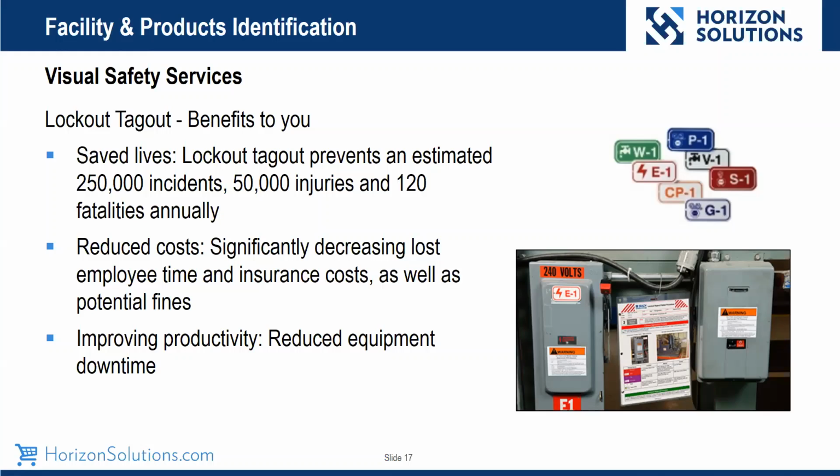If we narrow this down to how it really affects you at your facility, we're looking at reducing costs and improving productivity. Reducing costs significantly, having that program in place is going to decrease lost employee time, as well as insurance costs and potential fines. And obviously, productivity is going to increase tenfold as you're going to reduce that equipment downtime.